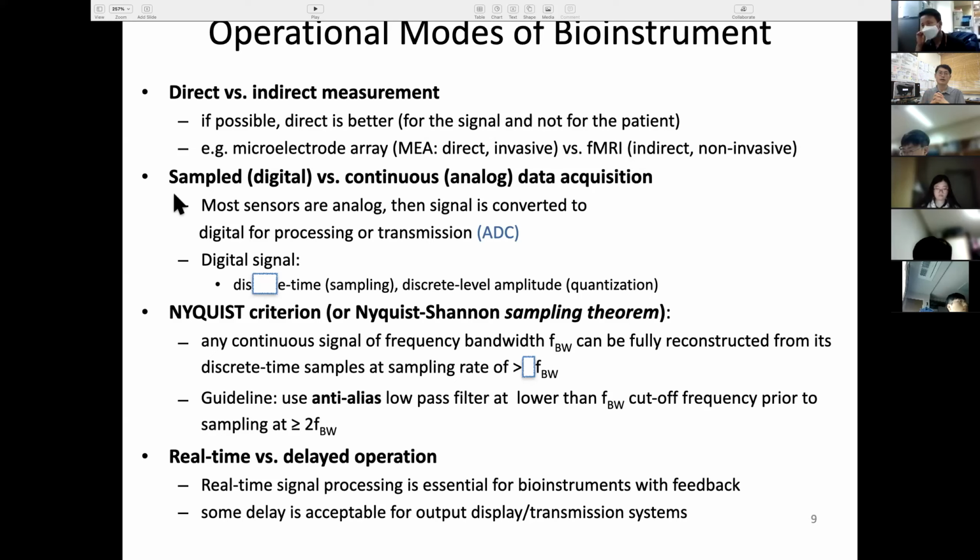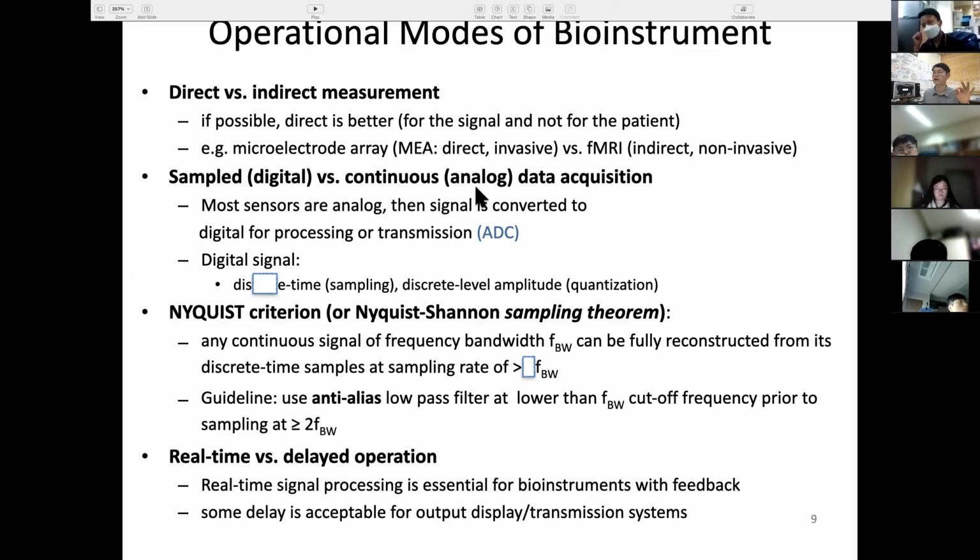Another aspect I want to discuss is the data acquisition itself. When we say vital signs, such as the heart's ECG signal, the majority of signals are continuous and time varying. That continuous signal we call analog data.